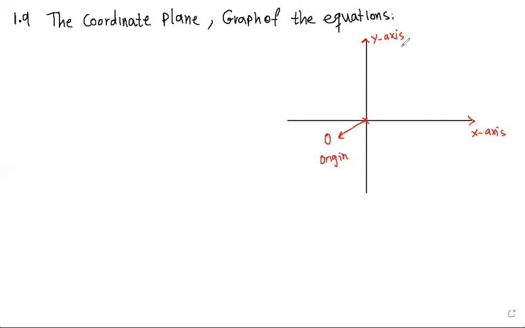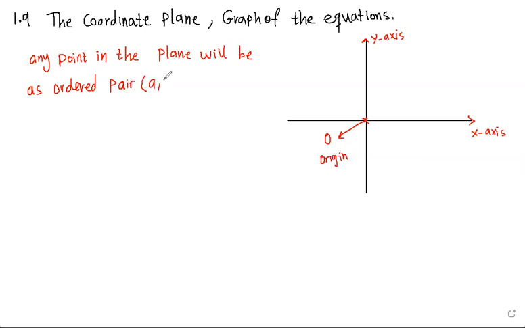Any point in the plane can be shown as an ordered pair, like (A, B).